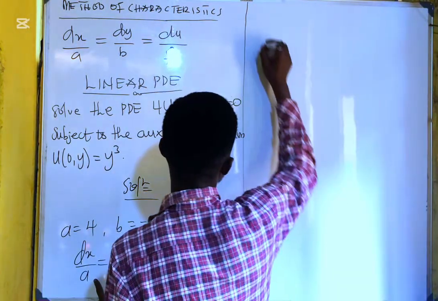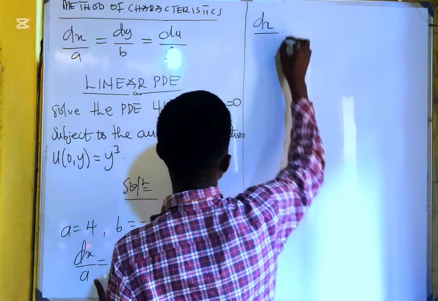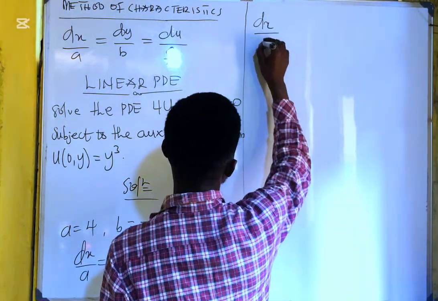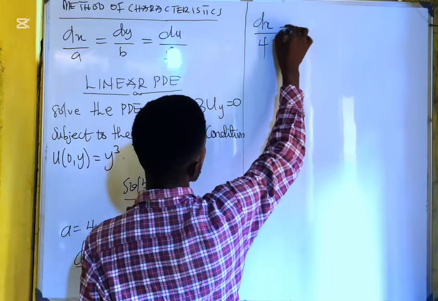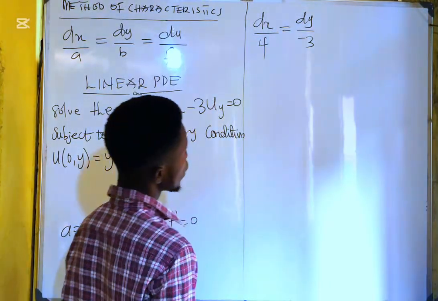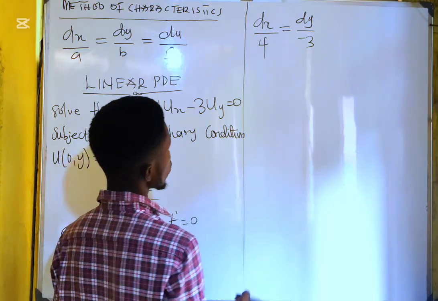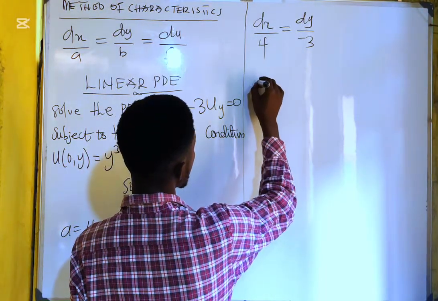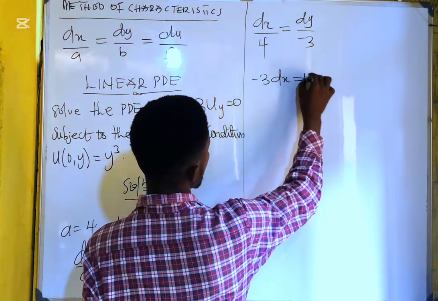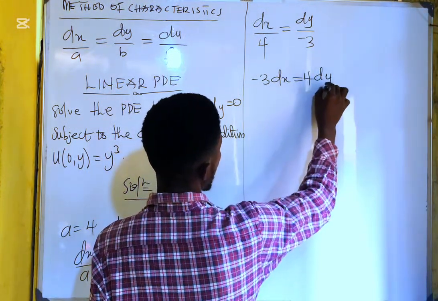Here we have dx over A, and our A is 4, our B is -3, so dx over 4 equals dy over -3. Is that okay? If I do cross multiplication, I'm going to have -3 dx equals 4 dy.